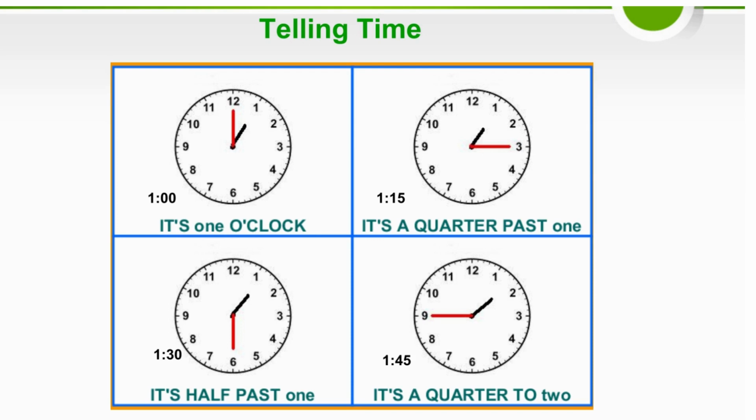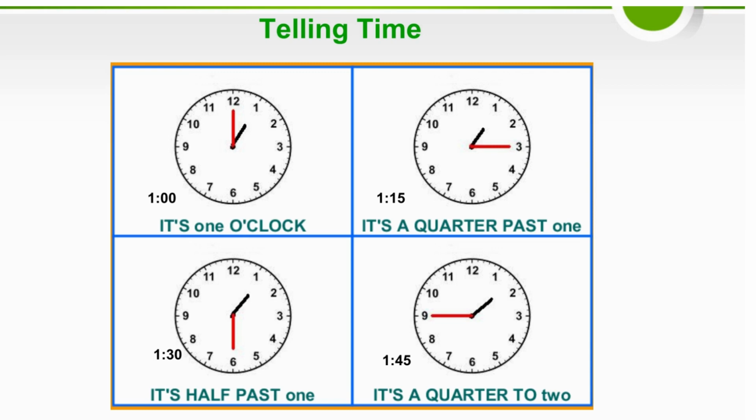And the short hand also could be in between 2 and 3, not exactly on 2 and not on 3, and your long hand, colored red, is on 3, then you can say it is quarter past 2. But for this one that we have here, this is quarter past 1.